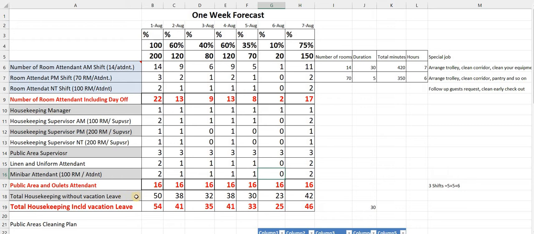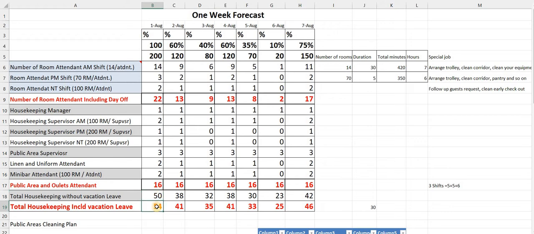Total housekeeping without vacation, 50. 50 means 22 room attendants plus 1 housekeeping manager plus 2 plus 1 plus 1, equal to 22 plus 16 public area attendants, equal 50.